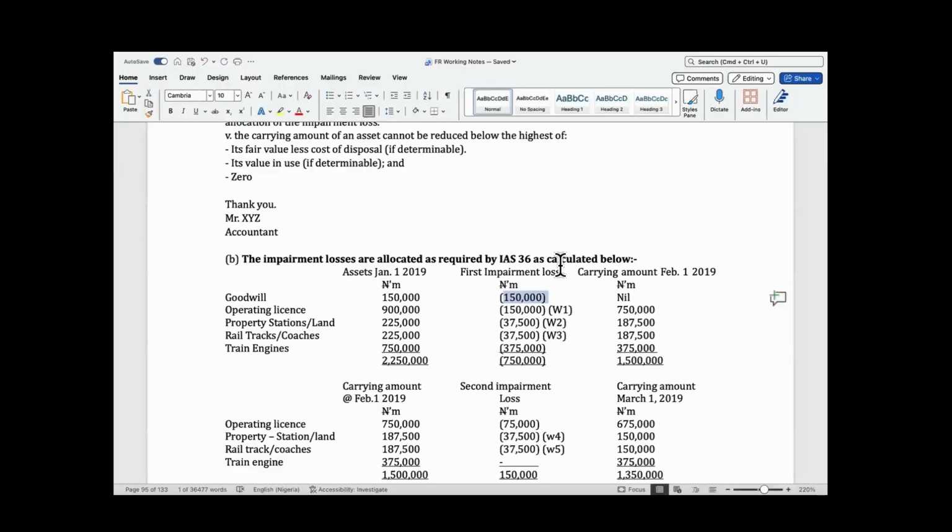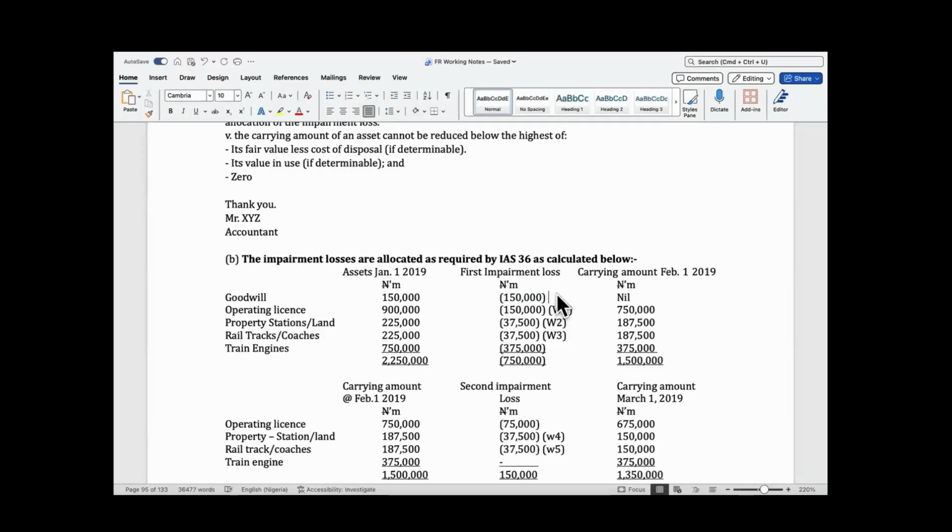Out of 750, we allocated 375 and 150. What's remaining? Correct. 225. So it's remaining 225,000.